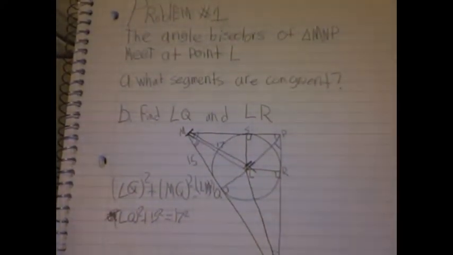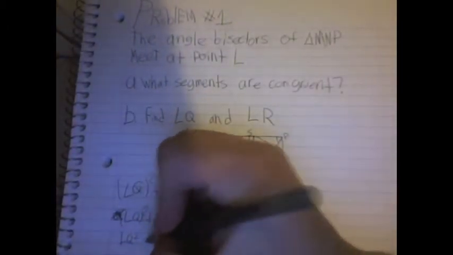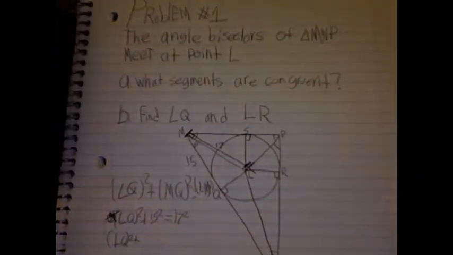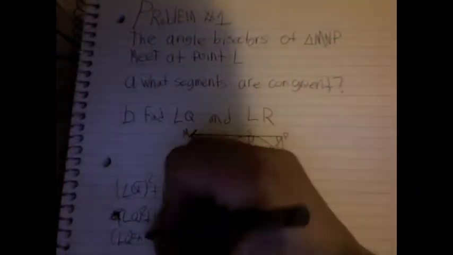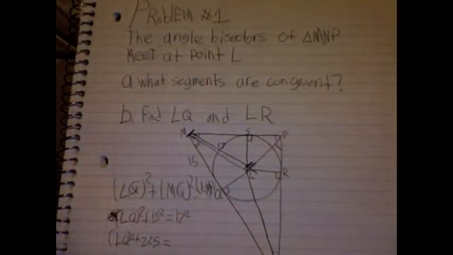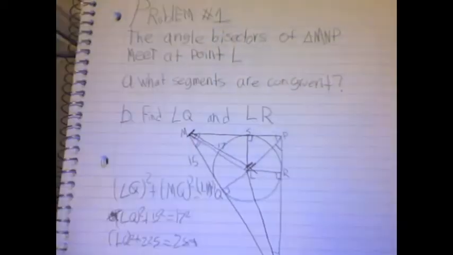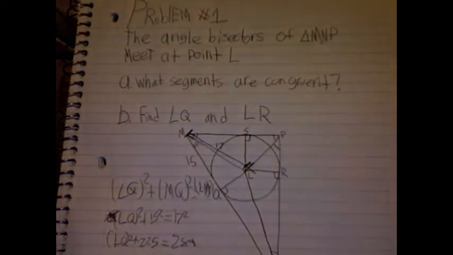Next, you multiply. This is still LQ squared plus 15 times 15 is 225 equals 17 times 17 is 289.